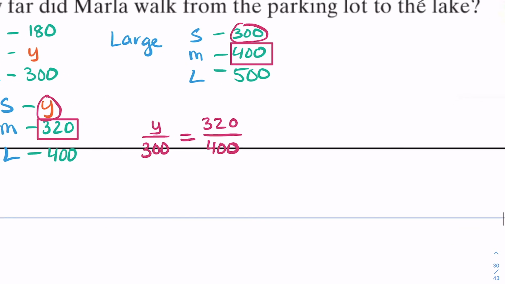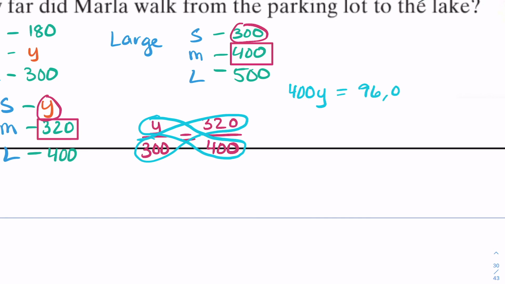So I will do y times 400 is 400y. And 300 times 320 is 96,000.